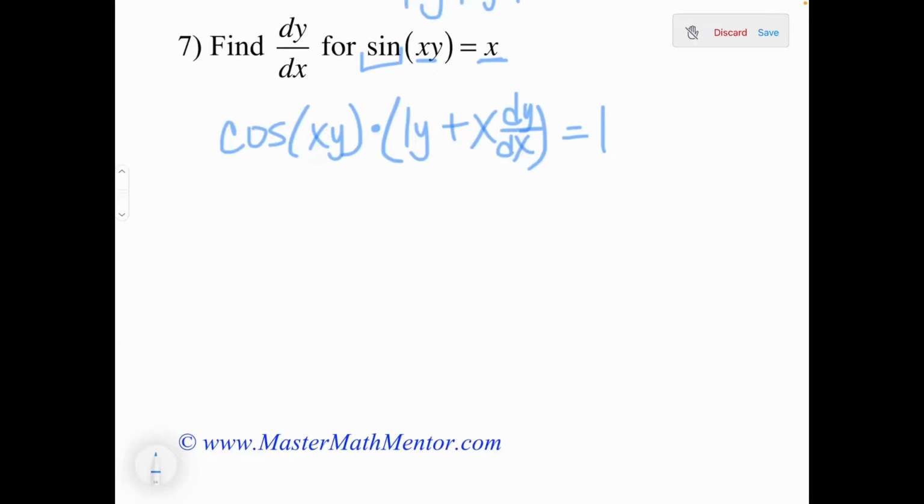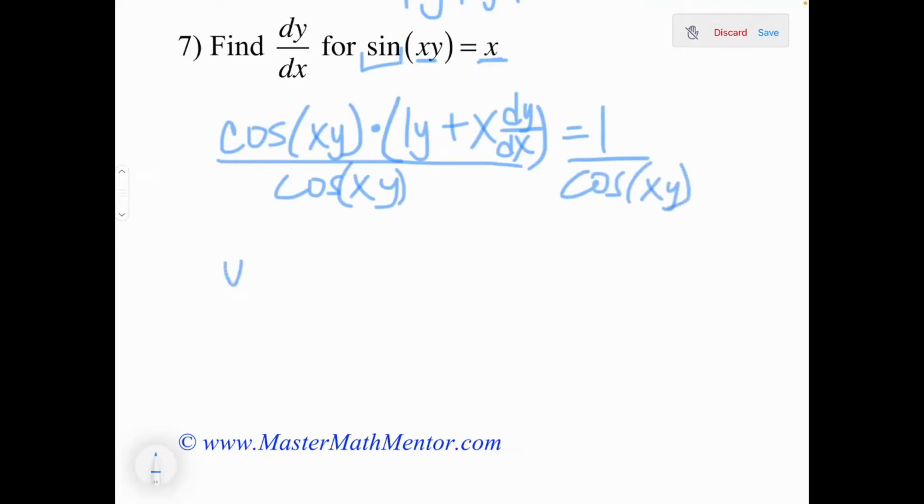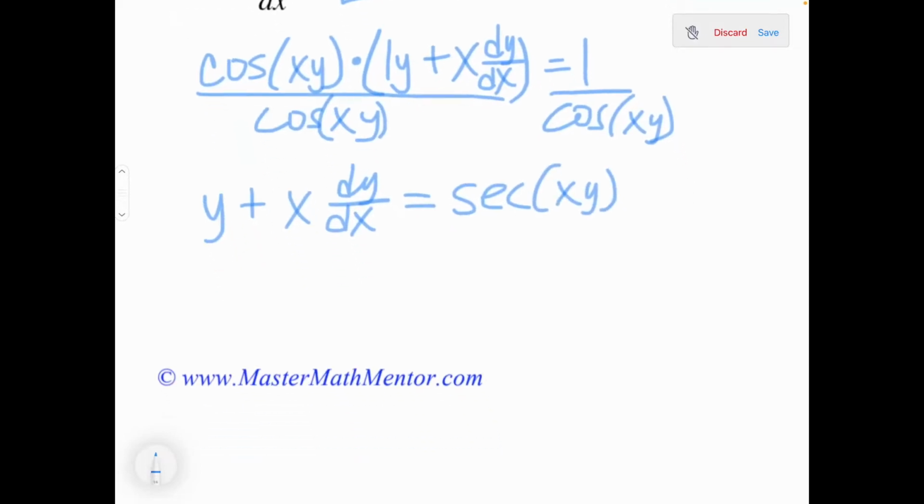So what would that look like? We end up with cosine xy. We can divide by all of that because it's being multiplied by all the other stuff. So cosine xy on both sides. So we end up with y plus x dy dx. 1 over cosine is equivalent to secant of xy. Then we can subtract y from both sides.